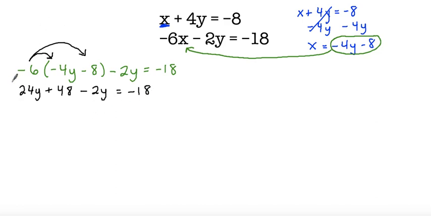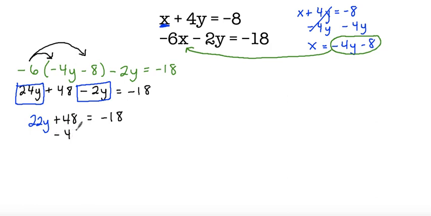So first things first, we combine our like terms. So we have 22y plus 48 is equal to negative 18. So we're going to subtract 48 on both sides.